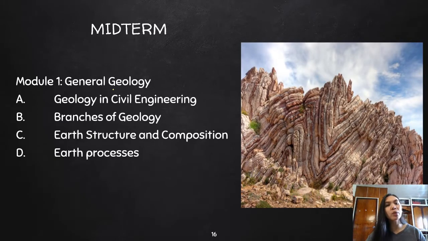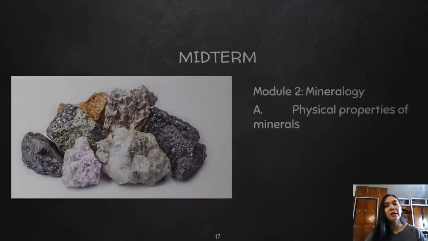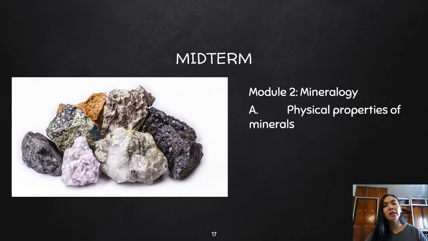Your module number one will contain an introduction to geology and civil engineering, different branches of geology, earth structure and composition, and of course the different earth processes. Your module number two, entitled Mineralogy, introduces you to the physical properties of minerals. The two modules will be the coverage of your midterms.